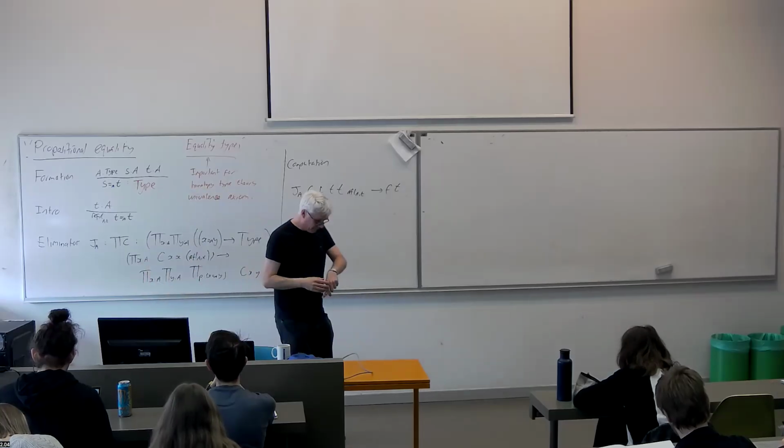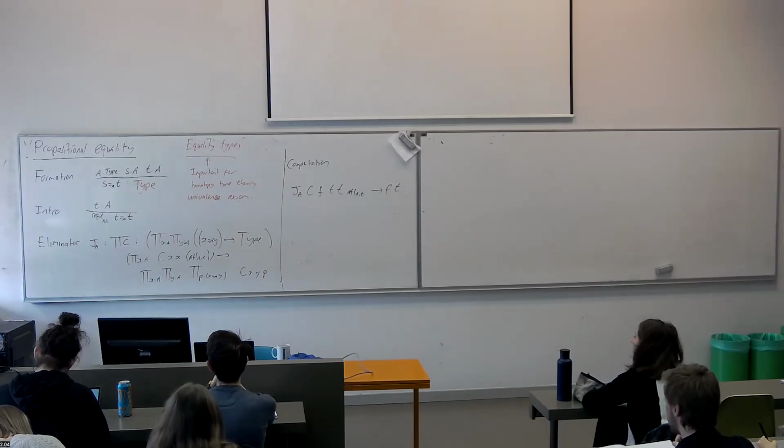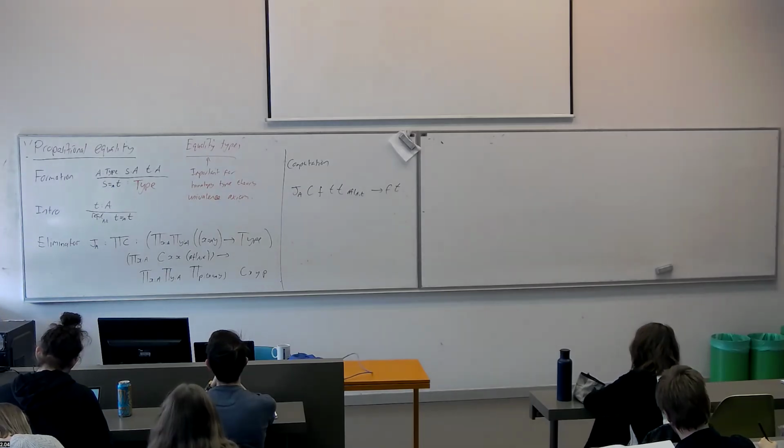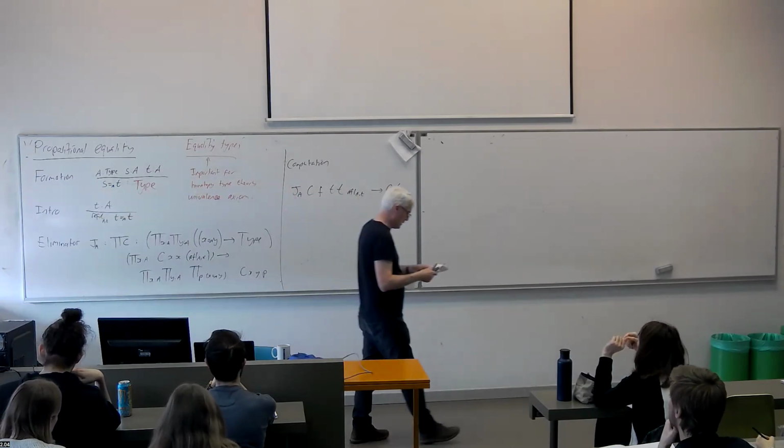So that's one thing. The last thing in type theory is to give you the rule that was missing from that formulation.